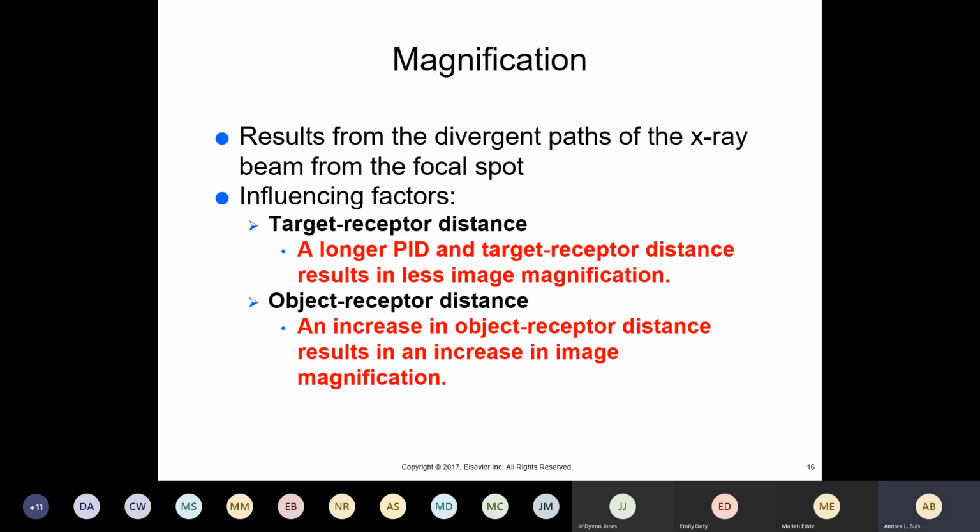Magnification. So magnification is what's going to result from those divergent X-rays from that focal spot. There are a couple things that can influence this. The longer the PID, that's why we like to use a 16-inch PID. So the longer the PID, which would be my target to receptor distance, will result in less image magnification, because it is filtering out those long, lazy X-rays.